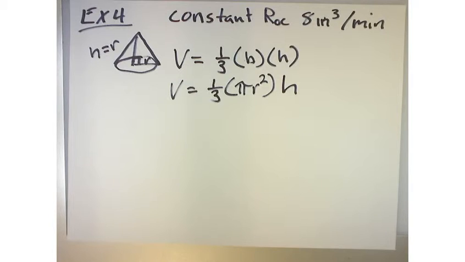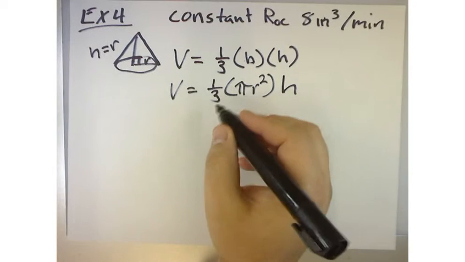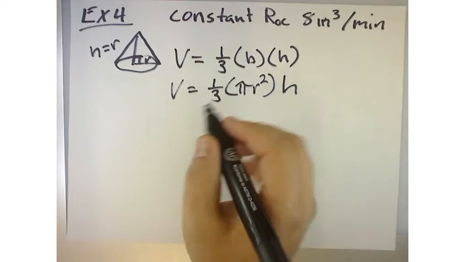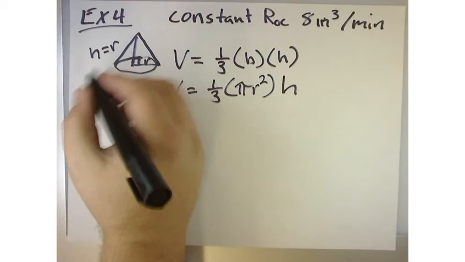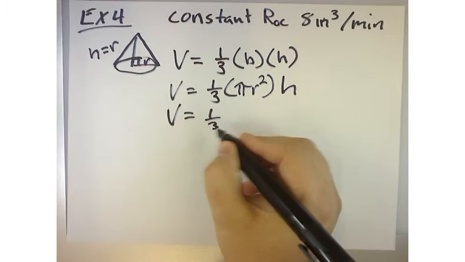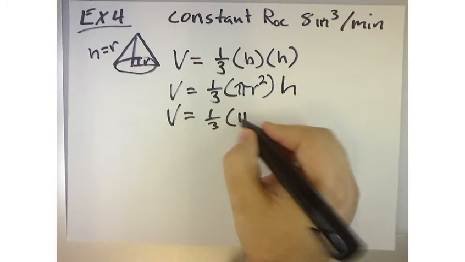It says if the cone is 1 foot tall now, how tall will it be in 1 hour? Well, let's figure out how much volume that is. So that would mean that my height would be equal to 12, but that also means that my radius would be equal to 12, right?